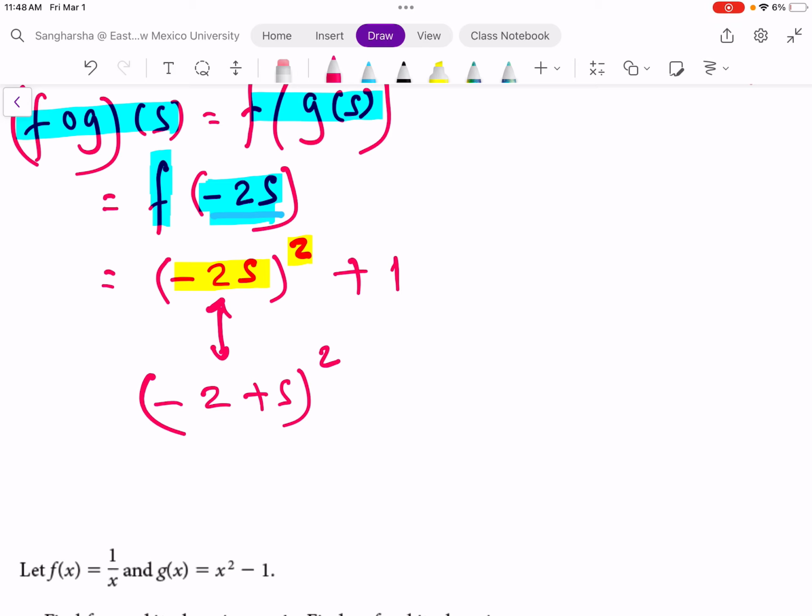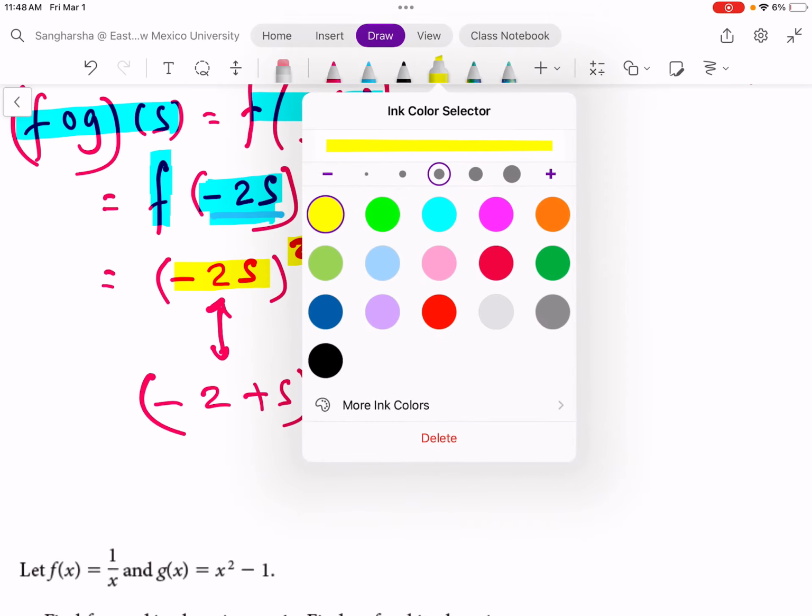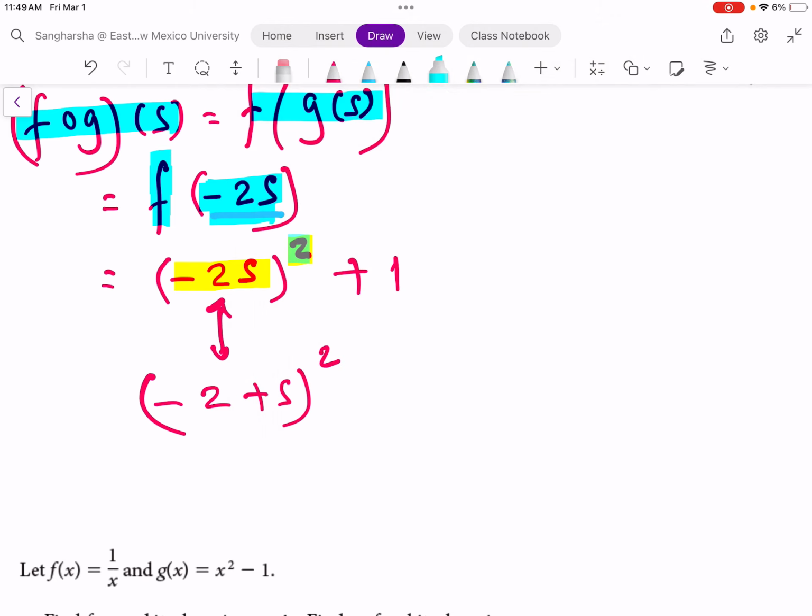Yes, here we have a 2 times s, so here we have a product. Now let's find the difference when we simplify these two. If you have a product, this exponent is for each of these. This square is for negative, this square is for 2 and for s.